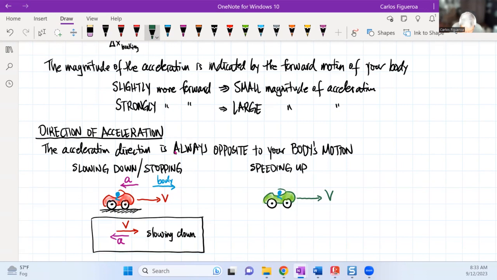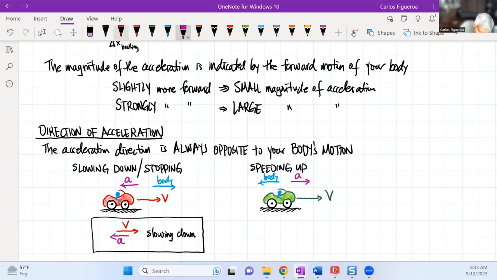But now, if you speed up, you get a sense that you are being pushed back into the car seat. That means your body's direction is moving in the opposite direction of the velocity. Therefore, the acceleration is in the forward direction.